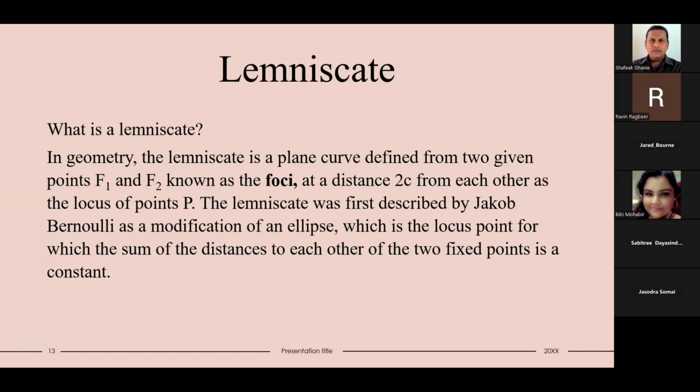In geometry, the lemniscate is a plane curve defined from 2 given points, F1 and F2, known as the foci, at a distance 2c from each other, as the locus of points P. The lemniscate was first described by Jacob Bernoulli as a modification of an ellipse, which is the locus of points for which the sum of the distances to the 2 fixed points is a constant.